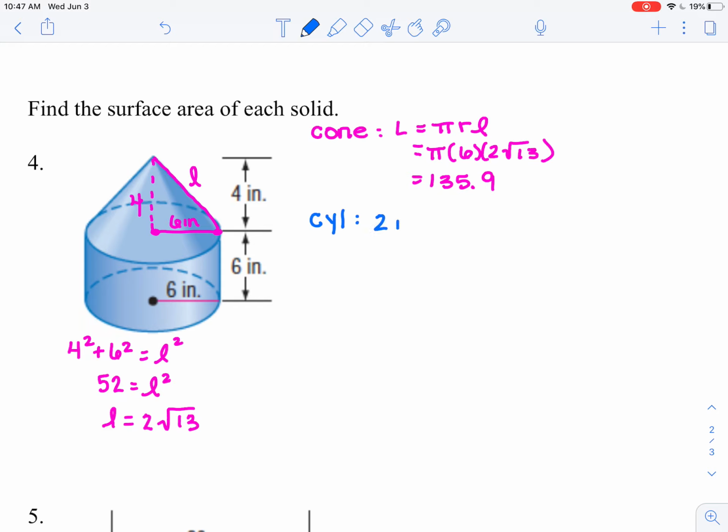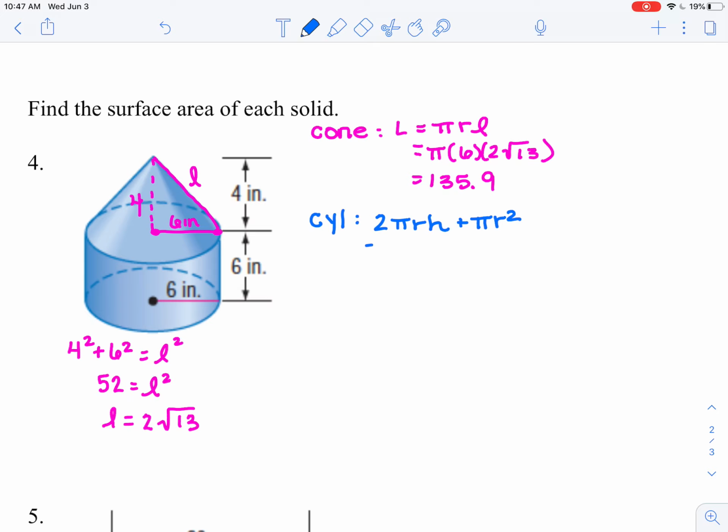Lateral area of a cylinder, 2 pi RH. Then here we only need one base. So we're going to add on just pi r squared. So this is not the total surface area of a cylinder, not the formula we're accustomed to. We adjusted it to just include one of the bases.